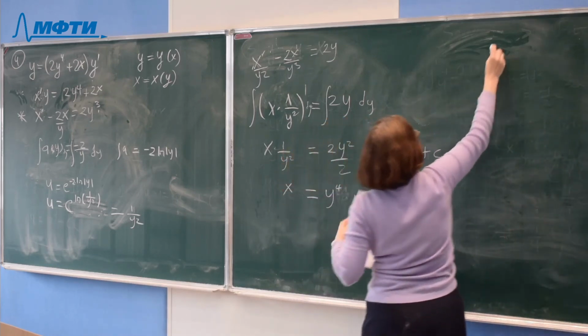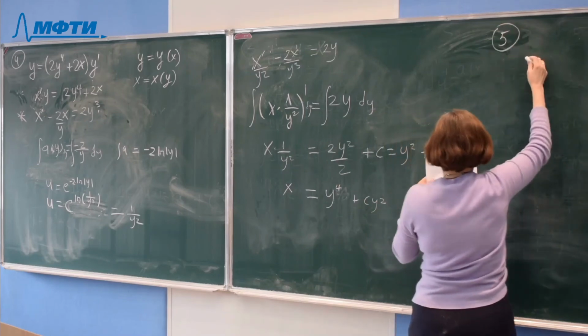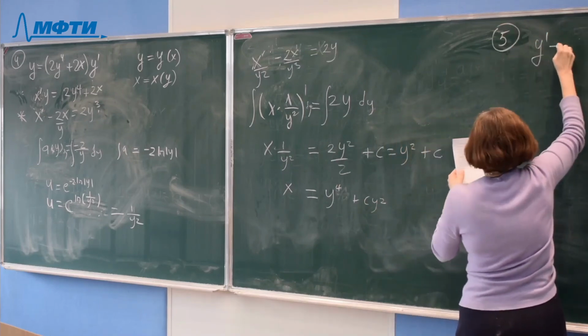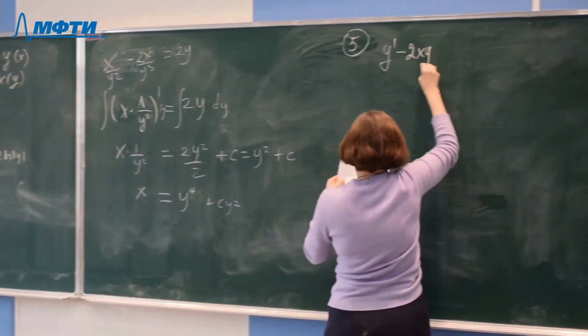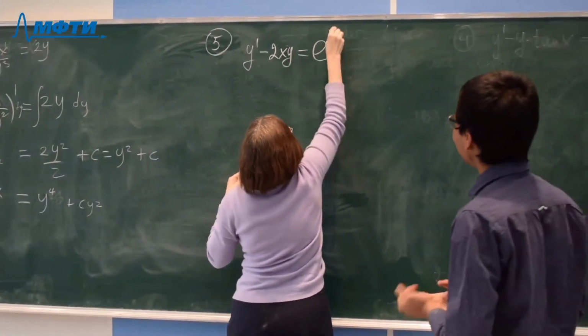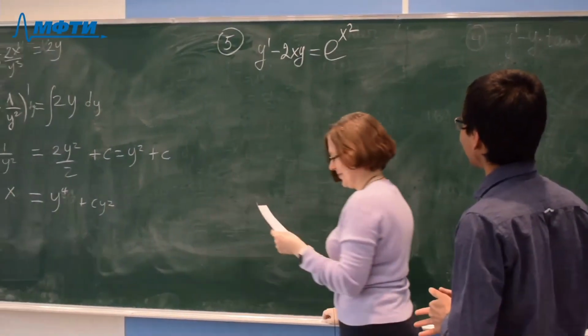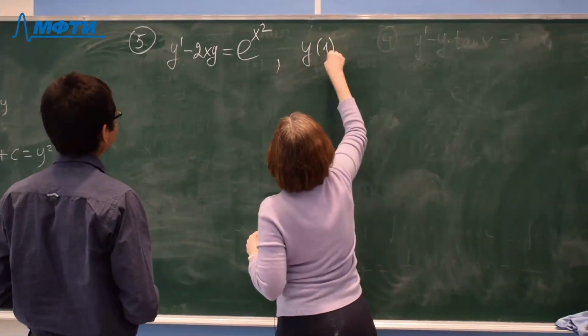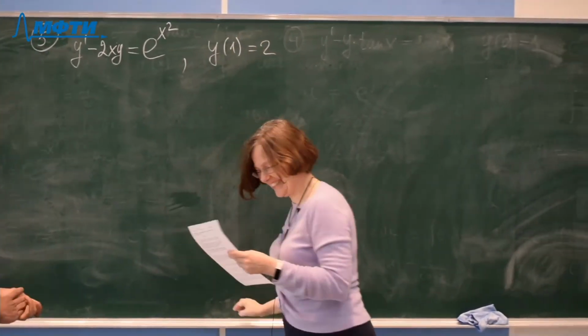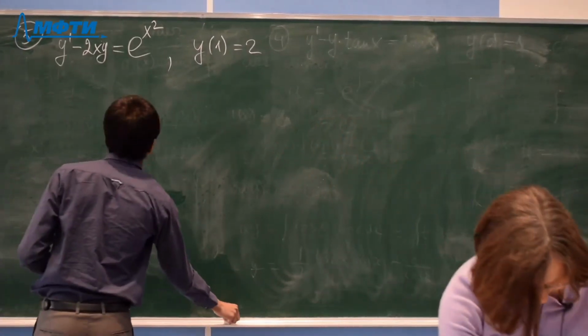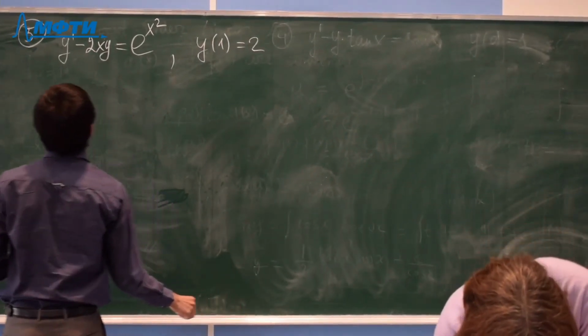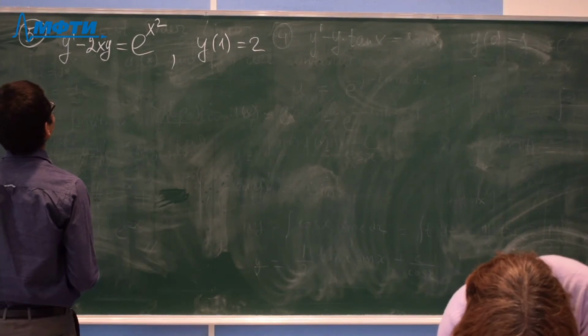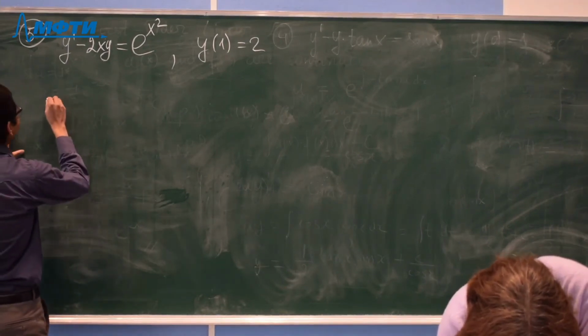It's task number 5. Let it be y prime minus 2xy equals e to the power x squared, and an initial value problem. Okay, everything is given.